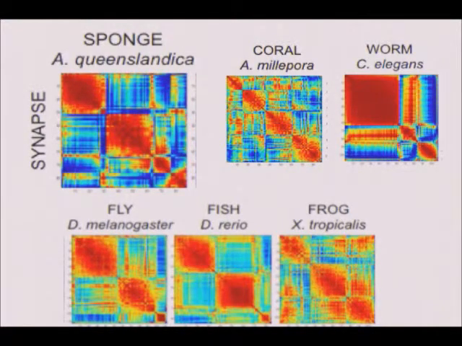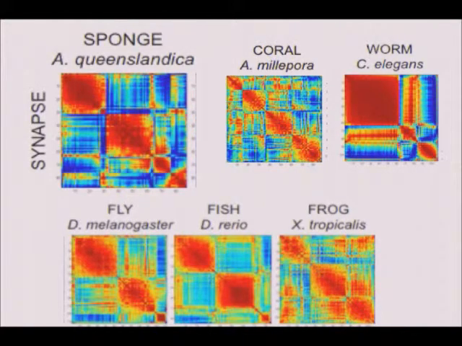So at the transition from sponge to all these other animals, the modules still exist, but modules that may be functioning quasi-independently in the sponge begin to get wired together, and this very discrete modularity tends to diminish.